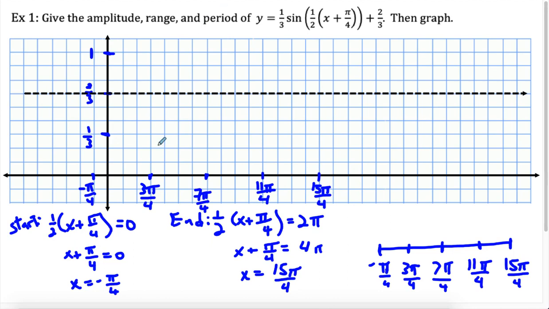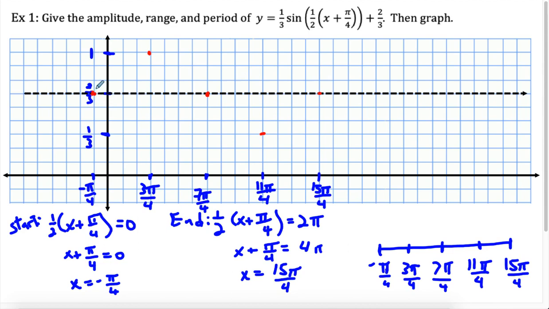And finally, we want to sketch our shape. So this is sine. So I know I'm starting at the midline. So right here, I'm starting at the midline, going up to the maximum, back down to the midline, then to the minimum, back up to the midline.